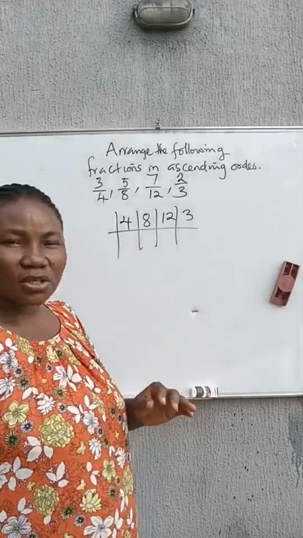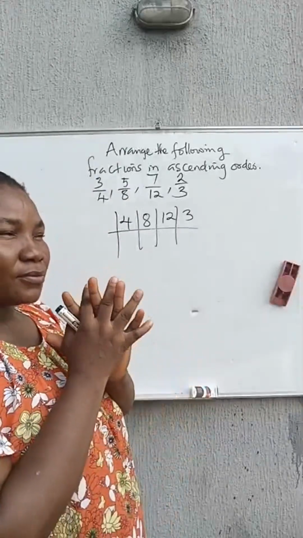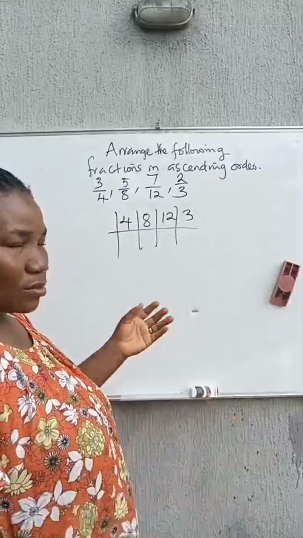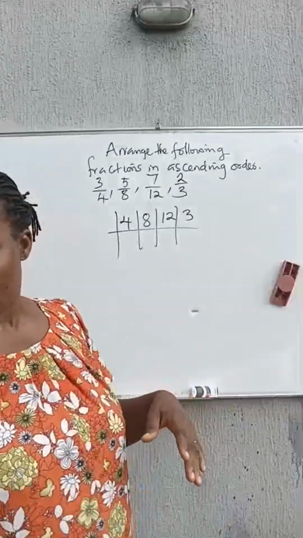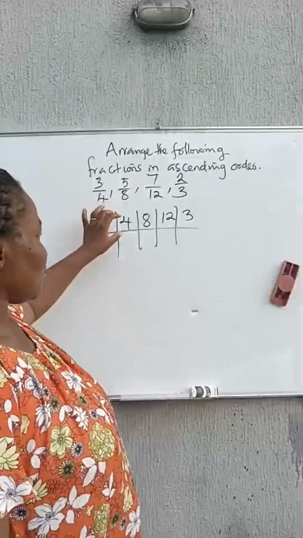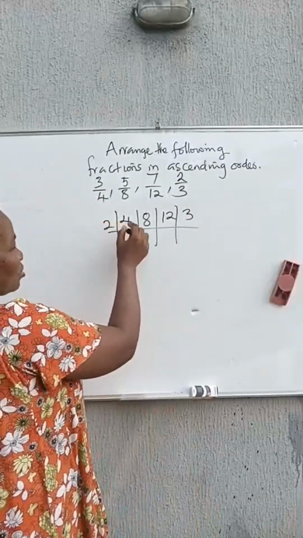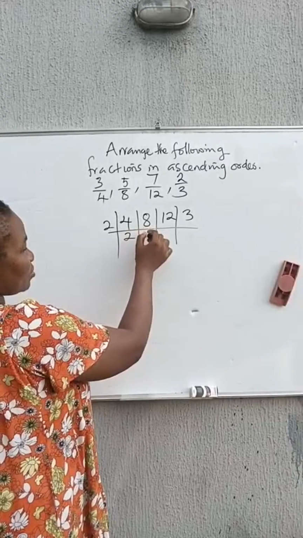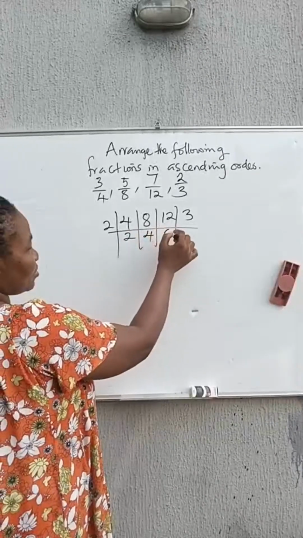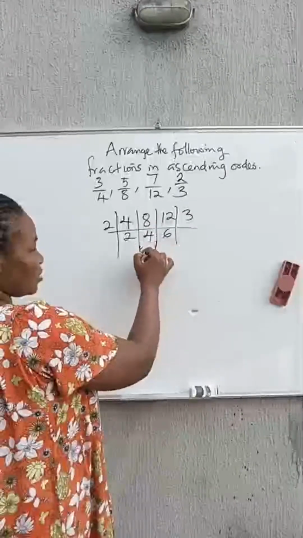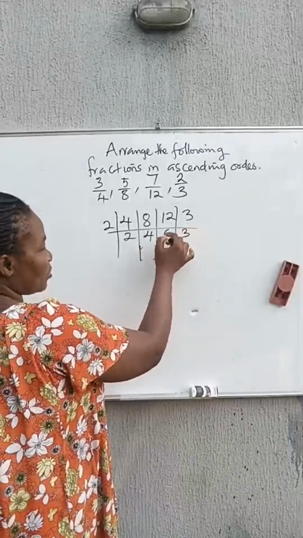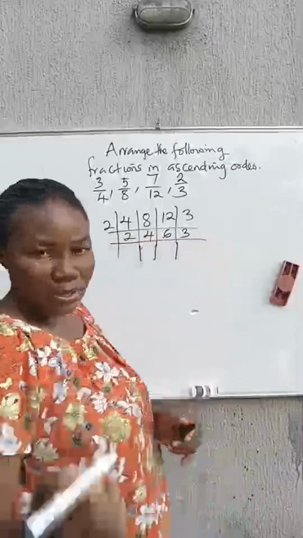We are going to begin with the smallest number that can go into any of these four numbers, and that is 2. 2 into 4 is 2, 2 into 8 is 4, 2 into 12 is 6, 2 into 3 impossible, bring down 3.